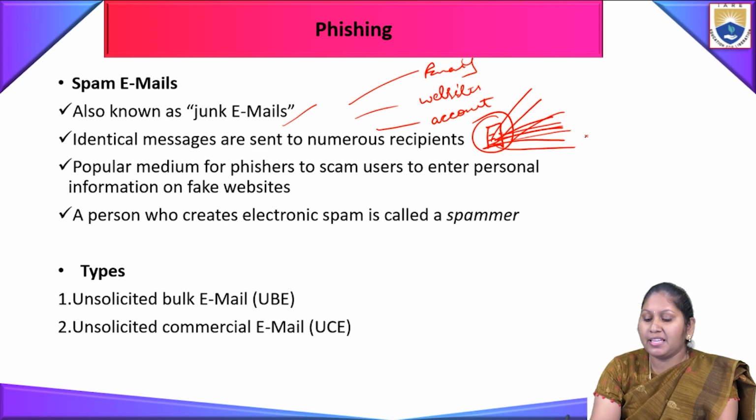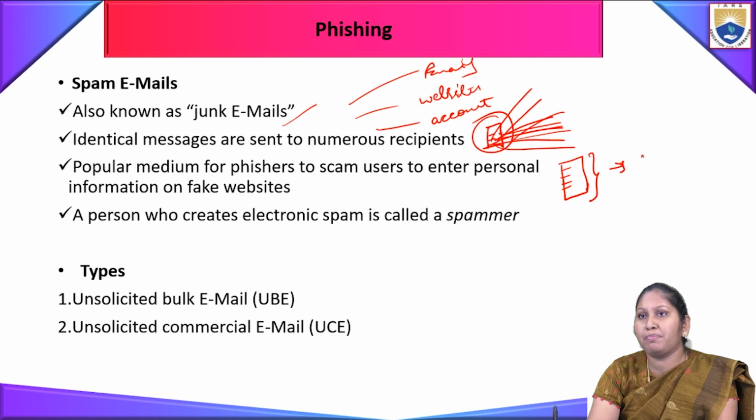Here they create a website just like the original website, and give the user instructions to update their details or fill in the complete details to enter that particular account.